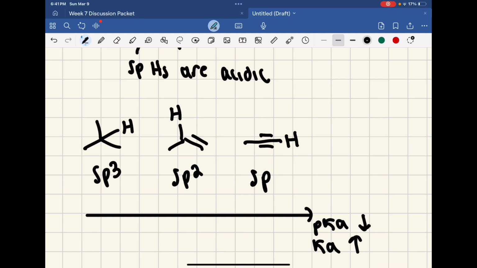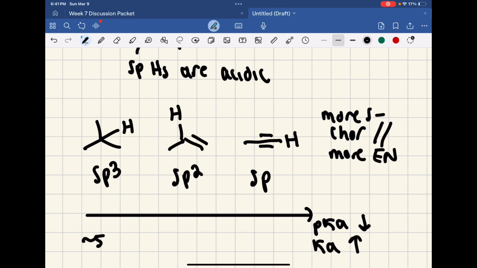Our rationale back then was that more s character is essentially the same as saying more electronegative, so obviously a negative on a more electronegative thing is more stabilized. Just to put some numbers to this, the pKa of an sp3 proton is probably around 50, somewhere around 35 for alkenes, and then for the sp, remember, it's around 25.